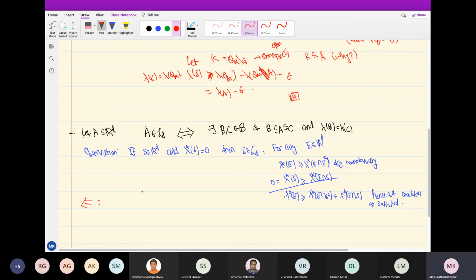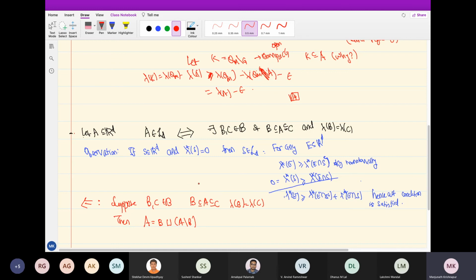Okay. Suppose B and C are in the Borel sigma algebra, B contained in A contained in C, and lambda of B equal to lambda of C. Okay. So then A can be written as B disjoint union A minus B, right?